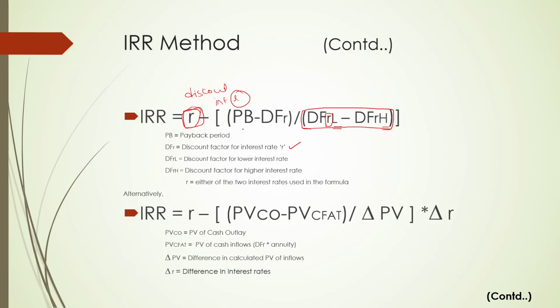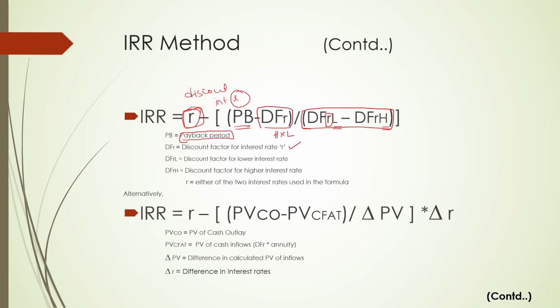Now, if you come to the numerator, there you can see PB. This is the payback period. In the sense, the annuity factor requires the payback period if at all you want to calculate. Then DFR. See here, there is no H, there is no L in it.